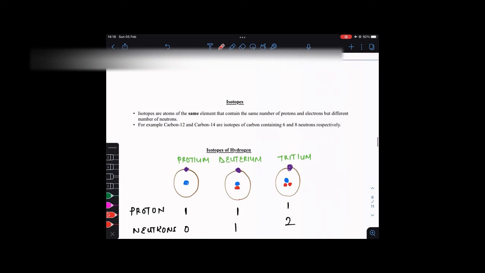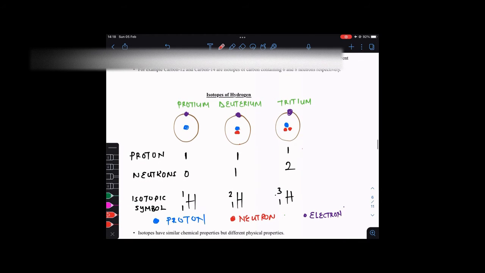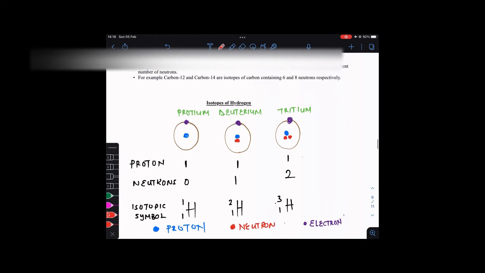Then the next thing I'm going to talk about are the isotopes. Isotopes are atoms of the same element that contain the same number of protons and electrons but a different number of neutrons. Here I've put an example of isotopes of hydrogen. Another example is carbon. Carbon 12 and carbon 14 are isotopes of carbon.